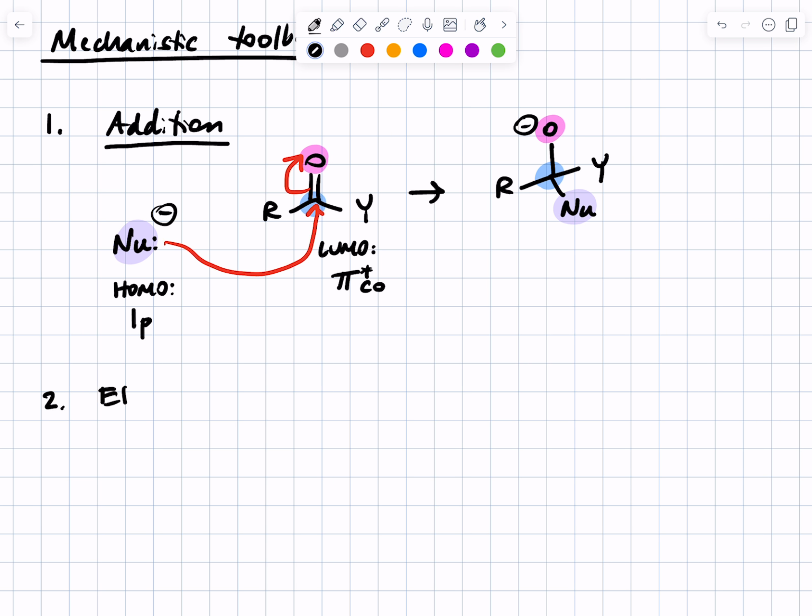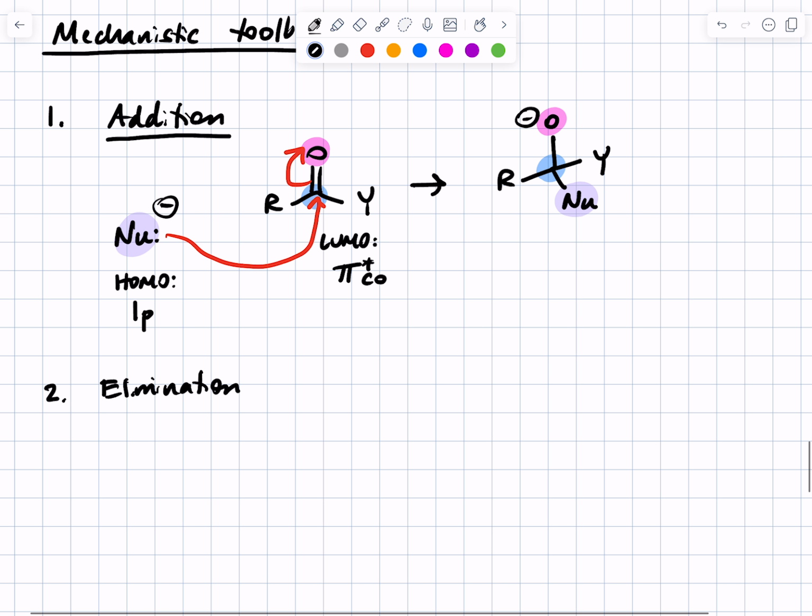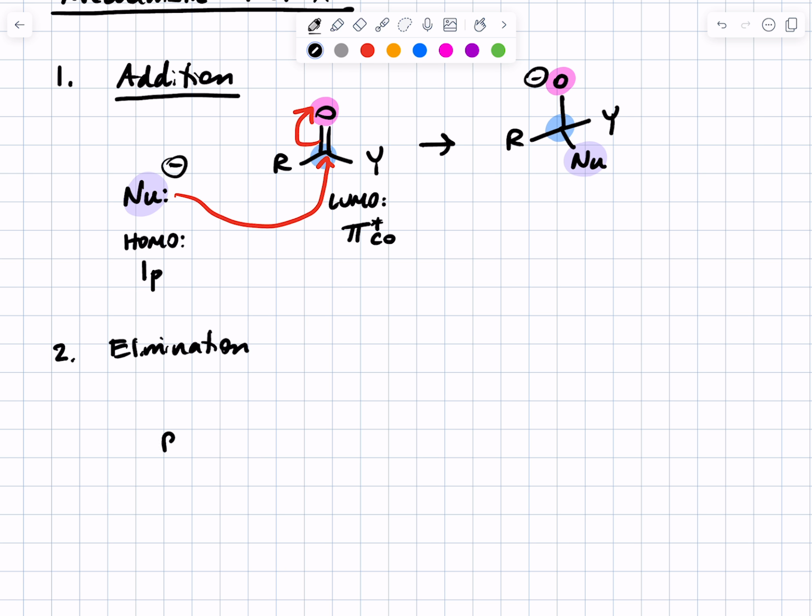Second is what I've just already summarized today, an elimination step. This can occur when you have a negatively charged oxygen in the same molecule and on an adjacent atom to a good leaving group.